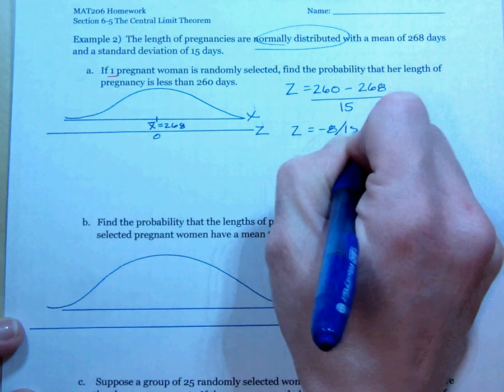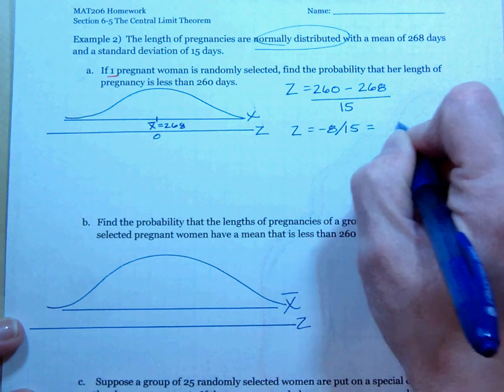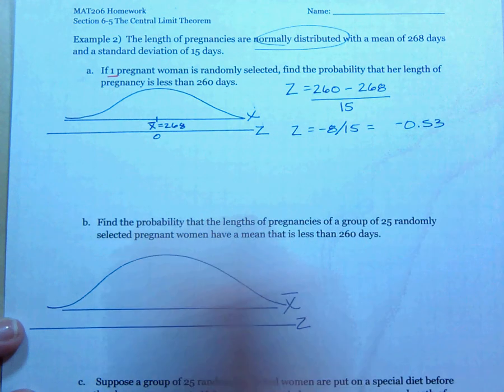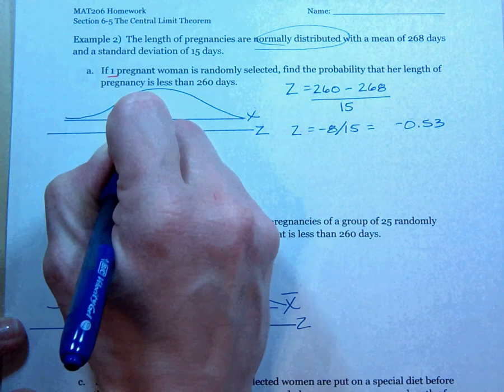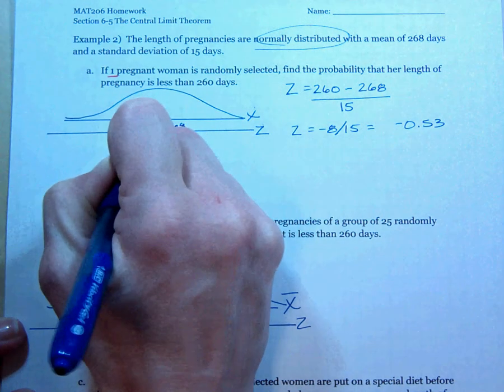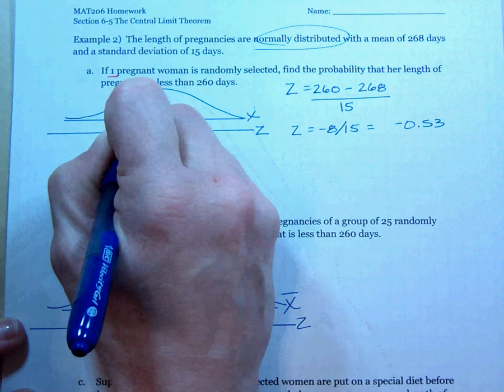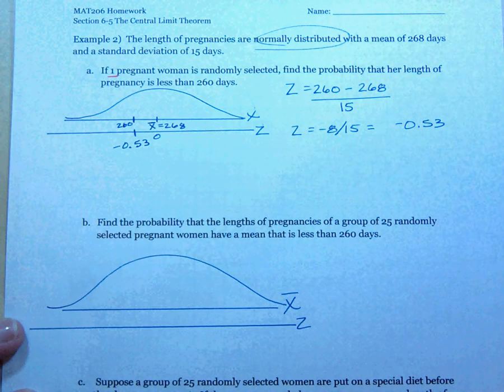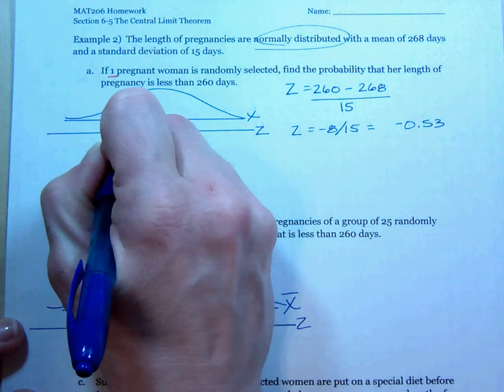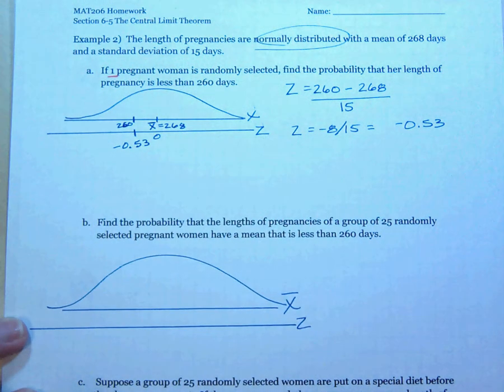So -8 divided by 15 gives us a z-score of -0.53. So we'll put that right there. So 260 days would correspond right above it. So there would be our 260 days.